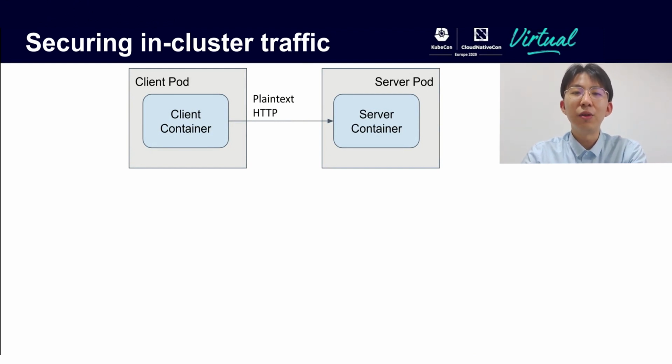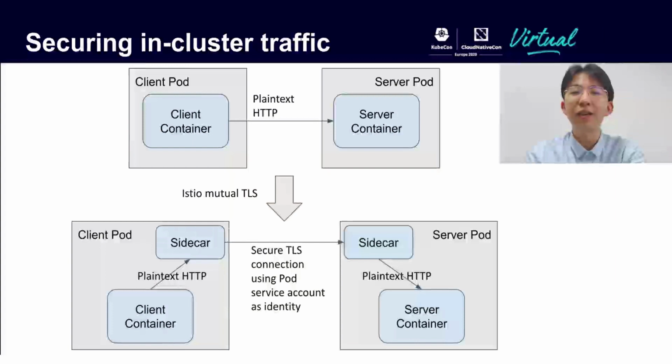This is where Istio mutual TLS comes into play. You probably know that, so here's a really simplified explanation. First, we have a client talking to a server through plain text HTTP. After turning on mutual TLS, the request is proxied through an Istio sidecar in a client pod.